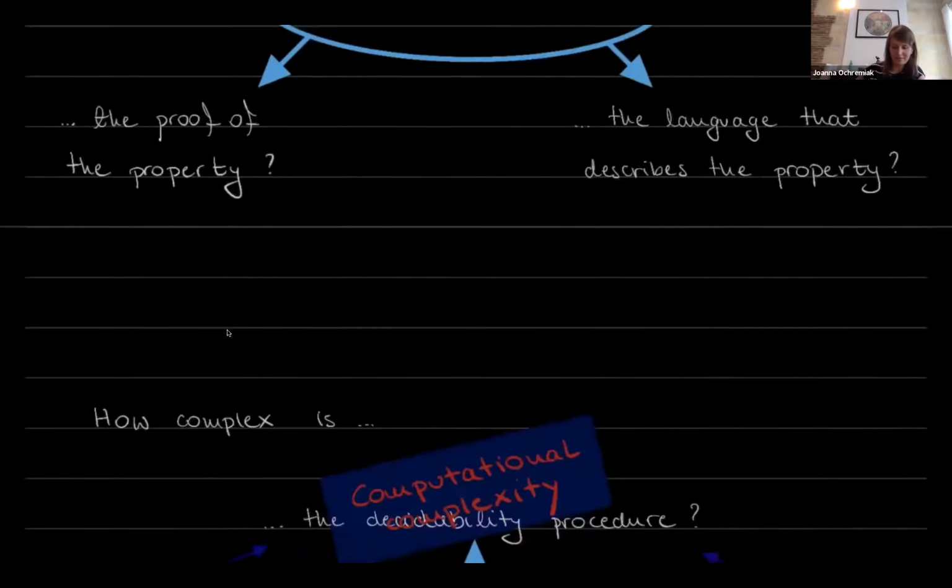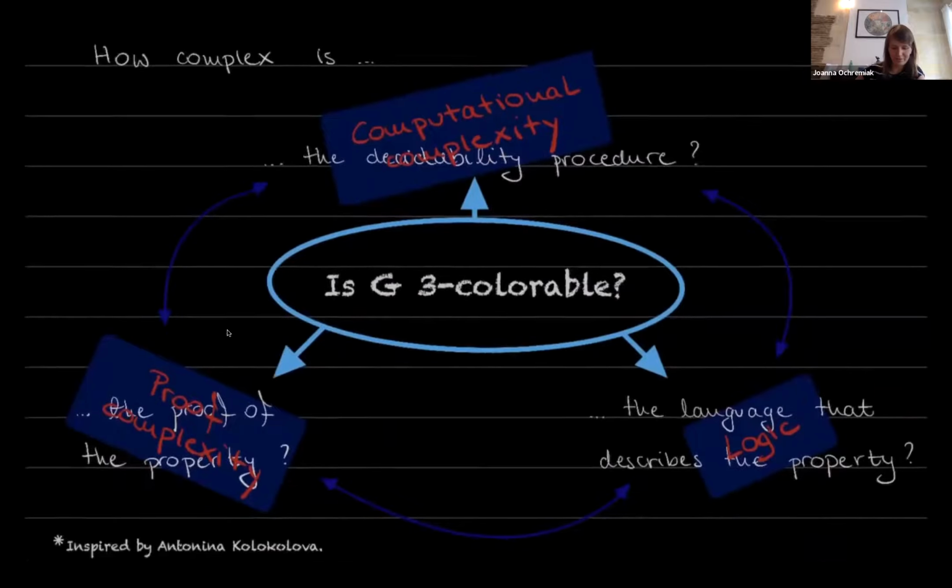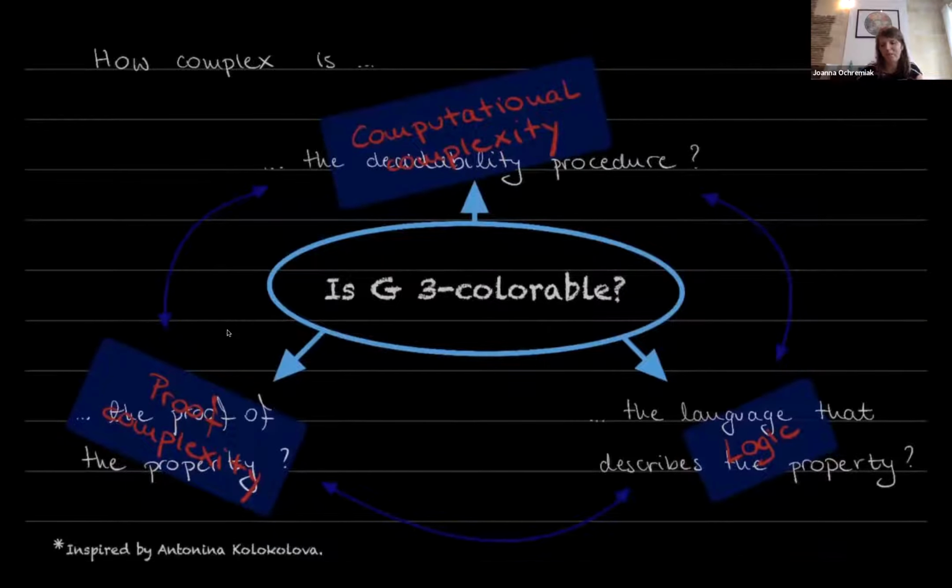So let us have a look at this slide again with a bit more detail. The first question is the one that we consider when we are talking about computational complexity. The second question is what we look at in logic, or more precisely, descriptive complexity or finite model theory. And as I said, I want to focus on this third question and give you more details about it, which is the subject of proof complexity.